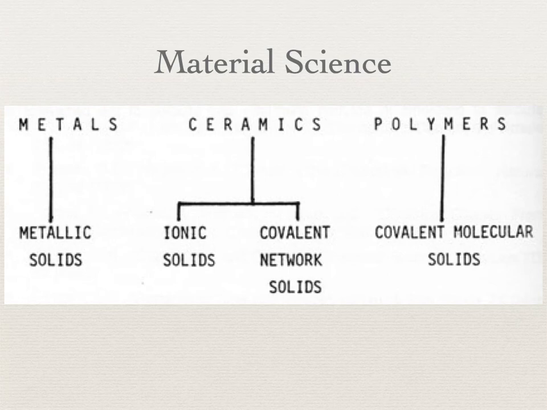In material science, their broad categories of materials are metals, or metals and alloys, so any metallic solid; ceramics, which can either come as covalent network solids or ionic solids. Those are two different types of chemical bonds, and we will have a chapter for each of those as we move later down into this game.